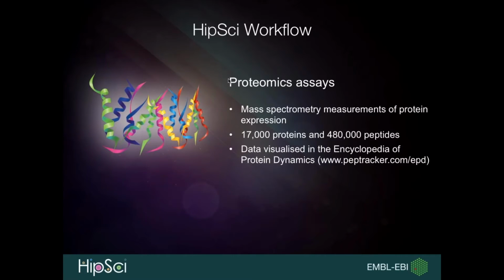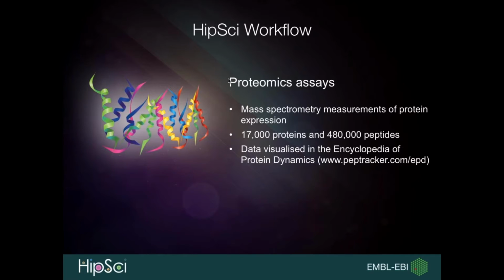The cell lines also get shipped up to Dundee University. Dundee are another partner of the HipSci project, and they are doing mass spectrometry proteomic measurements of the cell lines. So we've already talked about the assays at Sanger, which are looking at the transcriptome. So this is complementary data, which is looking at the proteome of these cell lines.